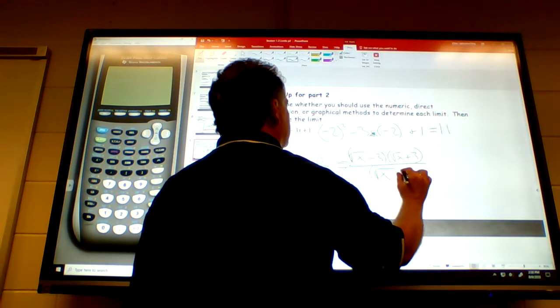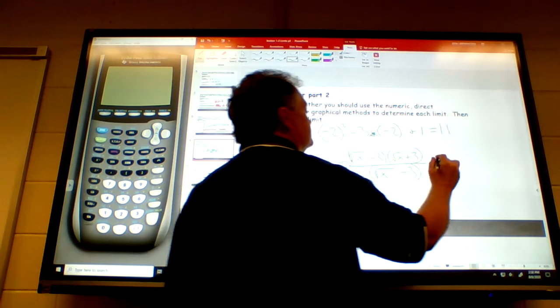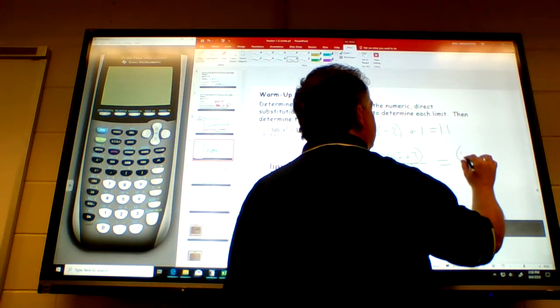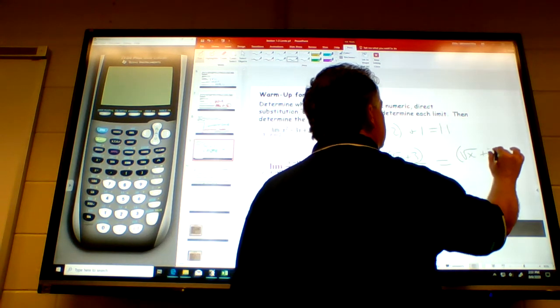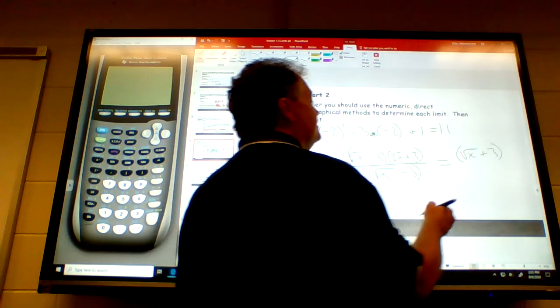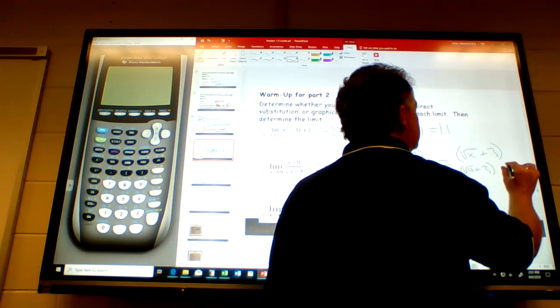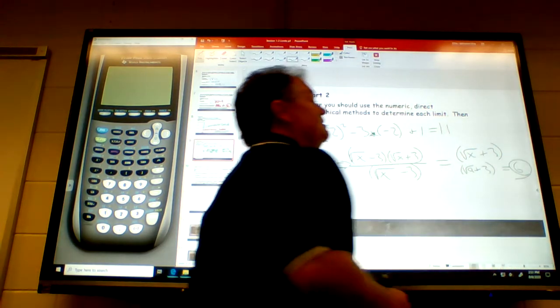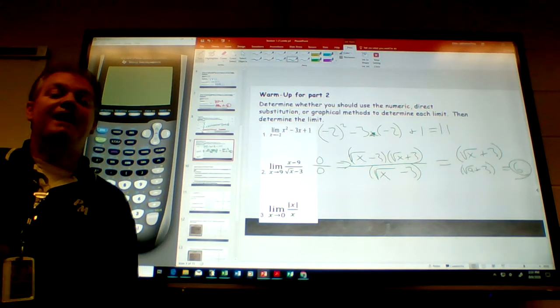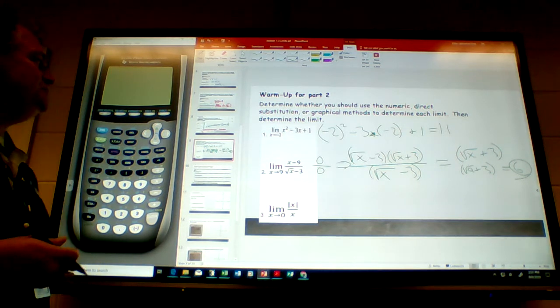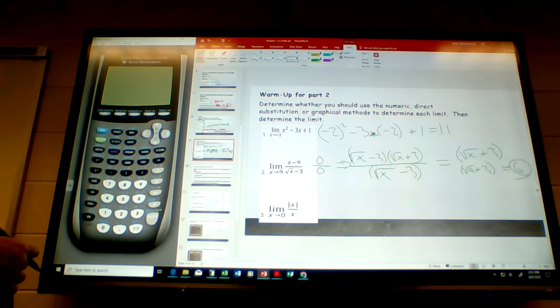Radical x minus 3. And that's going to leave us with radical x plus 3. Well, when you plug in the value of 9, radical 9 plus 3 is just going to be 6. So the limit is 6. You have to use some algebra in order to solve that.